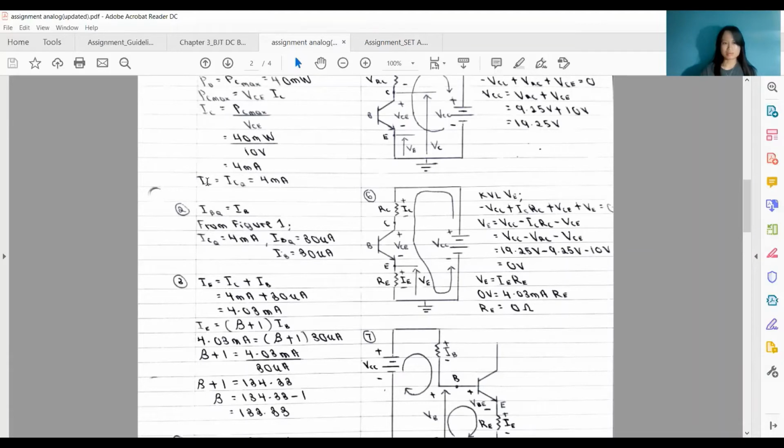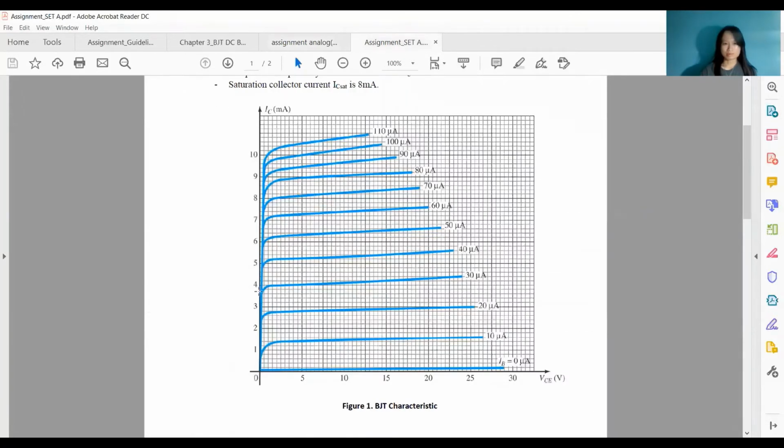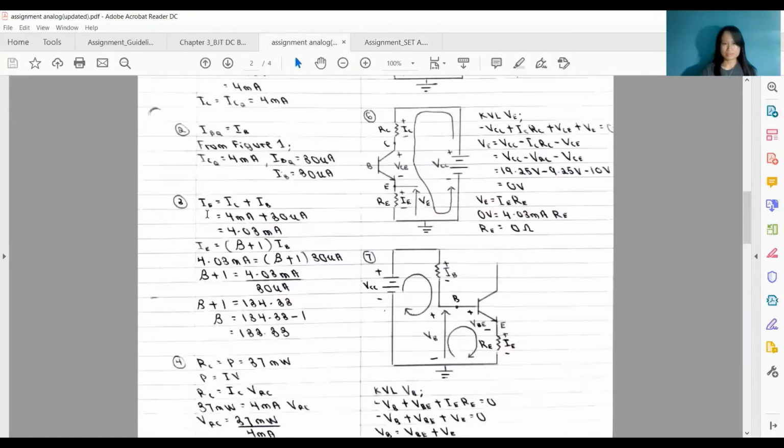IC is equal to ICQ, and ICQ is given as 4 milliampere. Then we are able to find IBQ from figure 1. For ICQ equal to 4 milliampere, IBQ is 30 microampere. Then IB is equal to IBQ, and it will be 30 microampere.